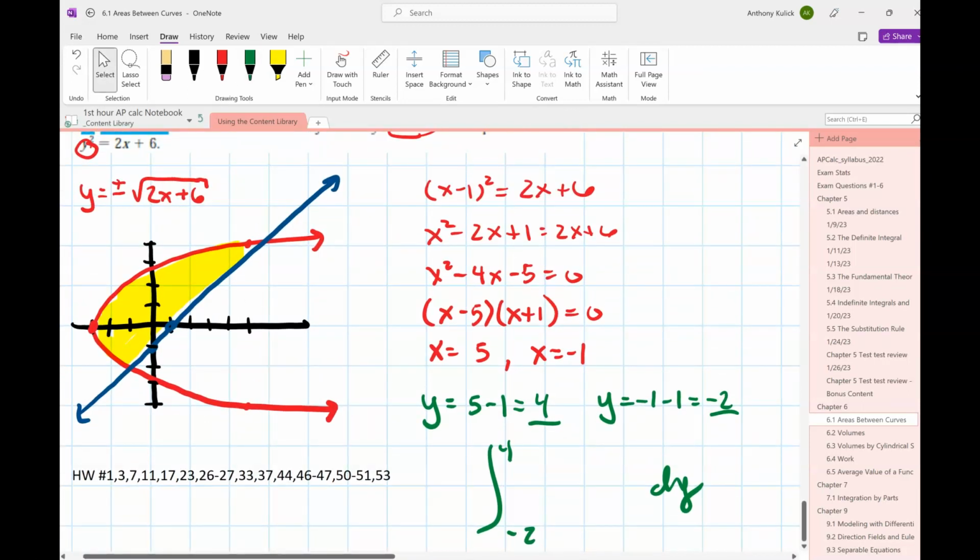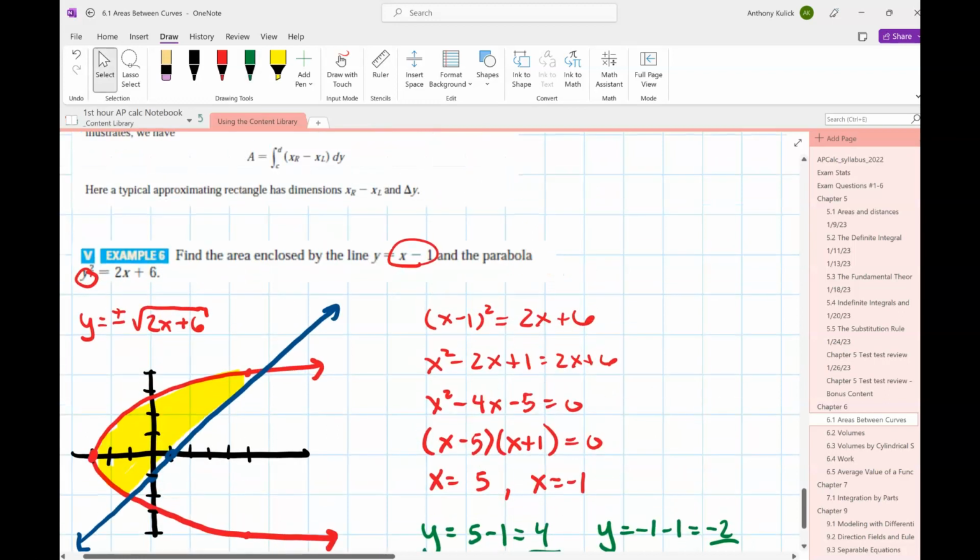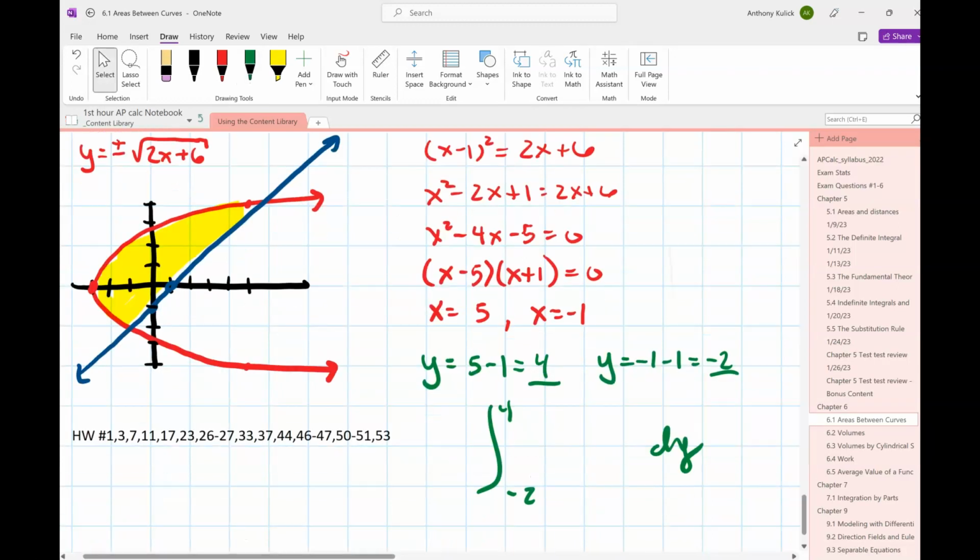which is fine. Which function is on the right? y equals x minus 1, or really, y plus 1 is equal to x.